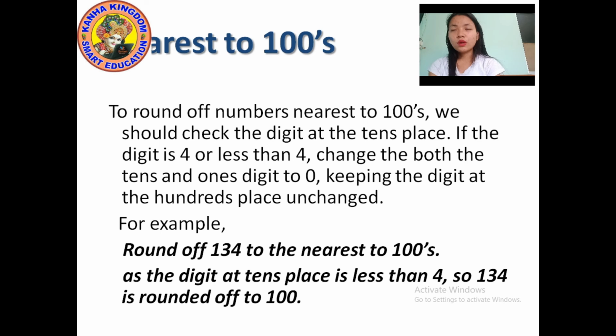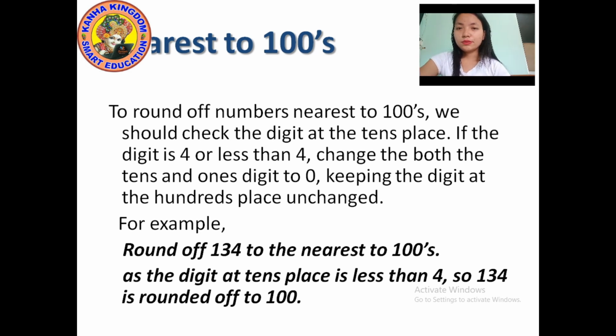To round numbers to the nearest 100, we check the digit at the tens place first. If it is 4 or less, change both the tens and ones places to 0, keeping the hundreds digit unchanged.